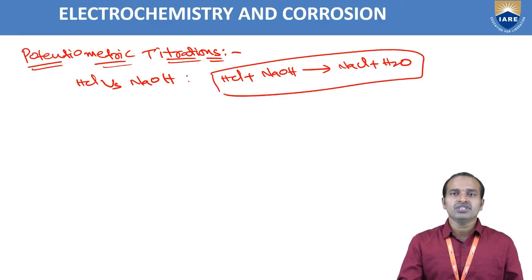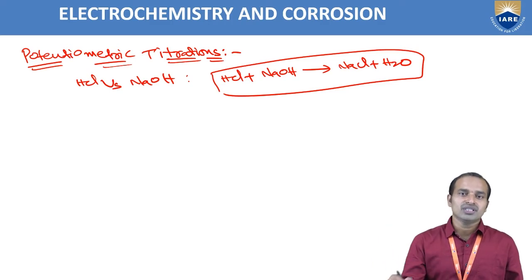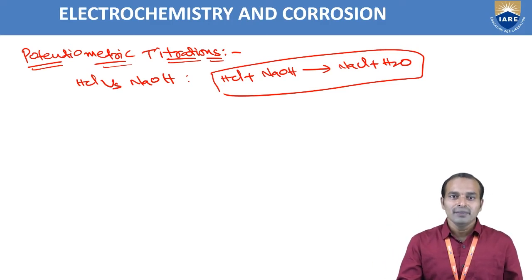In the potentiometric titrations, we use the potentiometer. In the previous class we discussed the calomel electrode and the quinhydrone electrode, how the calomel electrode is constructed and the principle involved in the quinhydrone electrode. In the potentiometric titrations we are using the calomel electrode and platinum electrode.